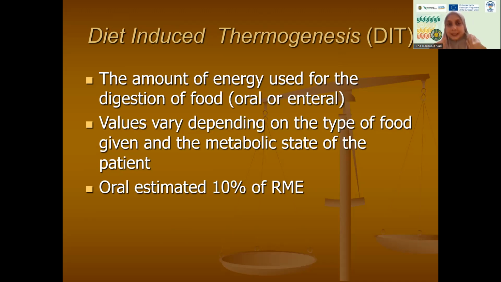We can estimate oral intake at around 10% of the resting metabolic rate. So we can add 10% to the basal metabolic rate, which gives some extra energy for that.